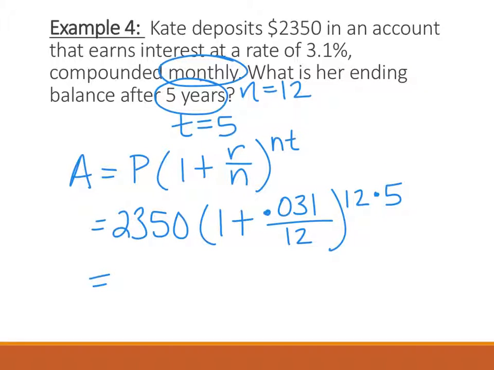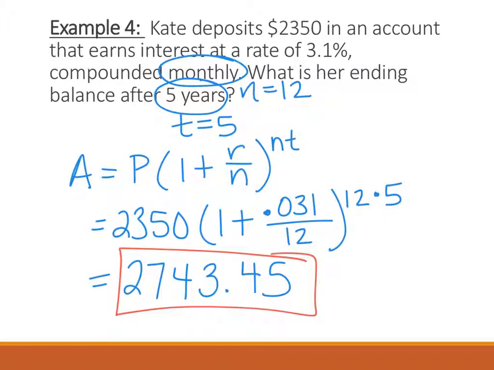We let the calculator do our calculations for us, and our final balance will be $2,743.45. Keep in mind that this formula is returning to you the ending balance, not the interest earned. If you are ever asked to figure out the interest earned, you could simply do this.